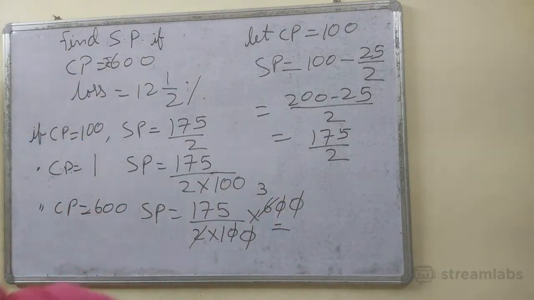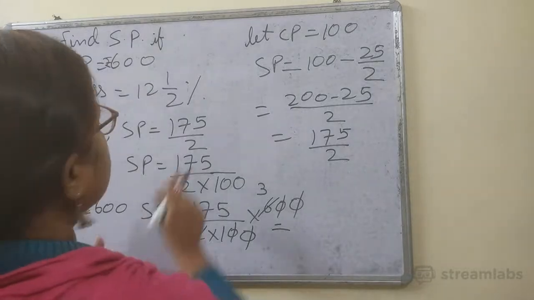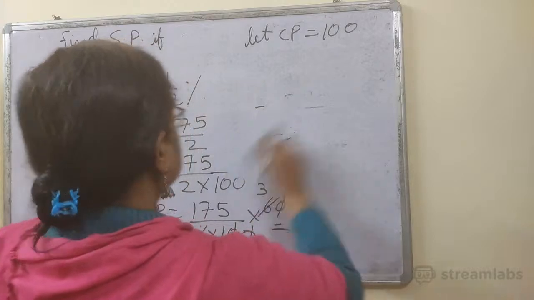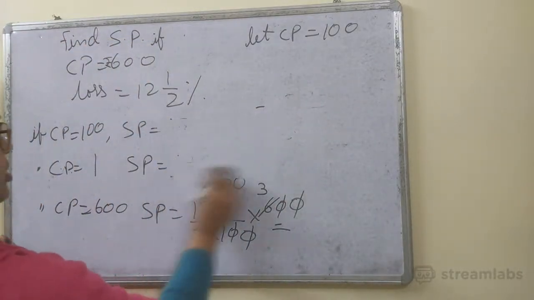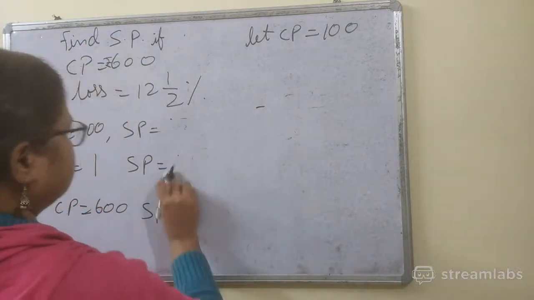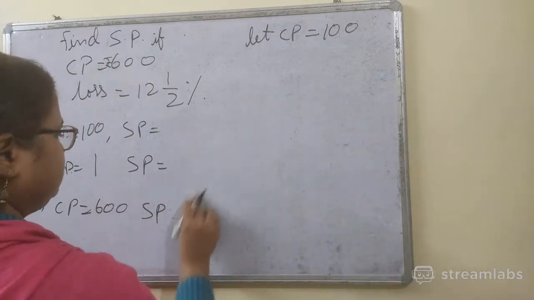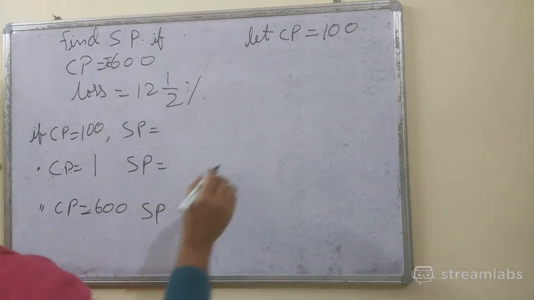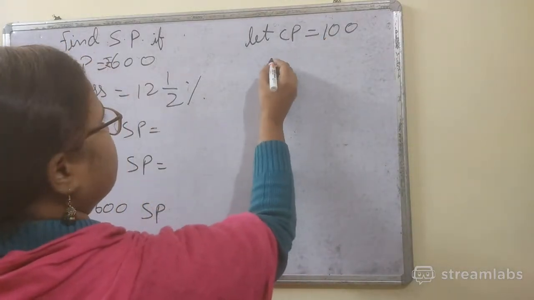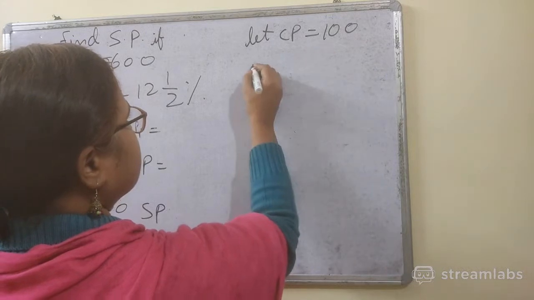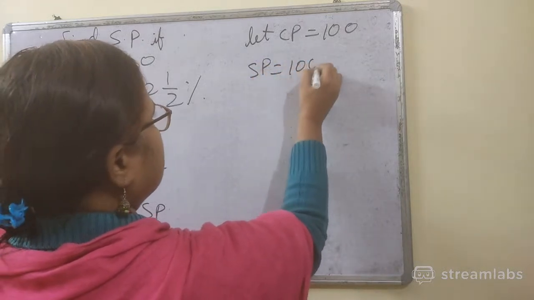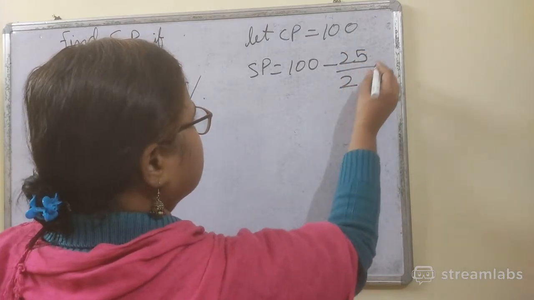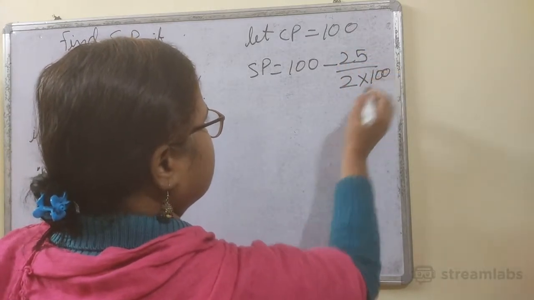Wait just a minute, because here it is 25%, we have left it here. So SP will be equal to 100 minus 2 into 100.